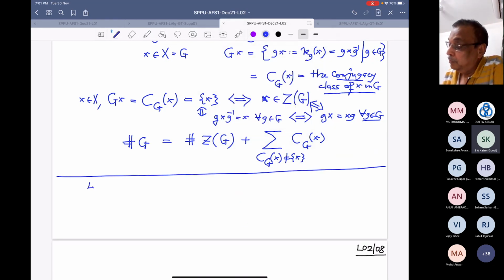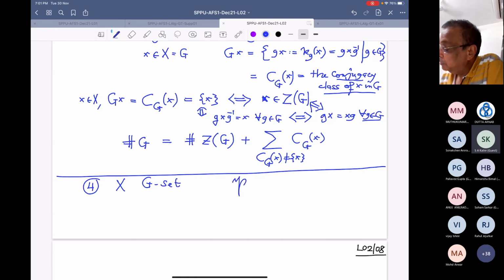So the fourth one. Suppose X is a G-set. Then I will use this to construct a different G-set. Now look at the power set of X, the set of all subsets, that is P(X).